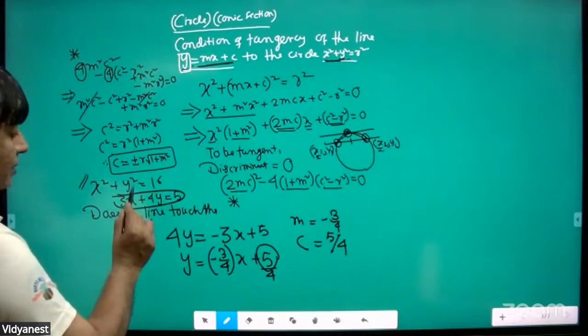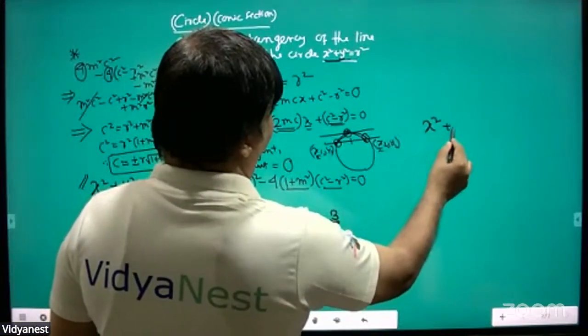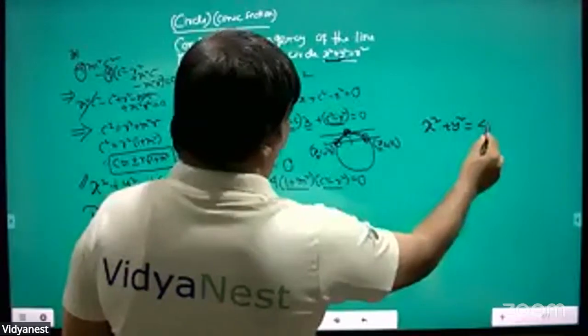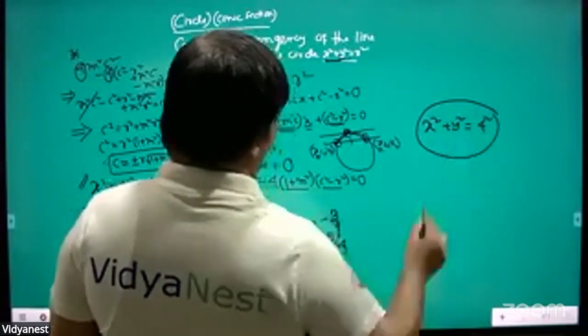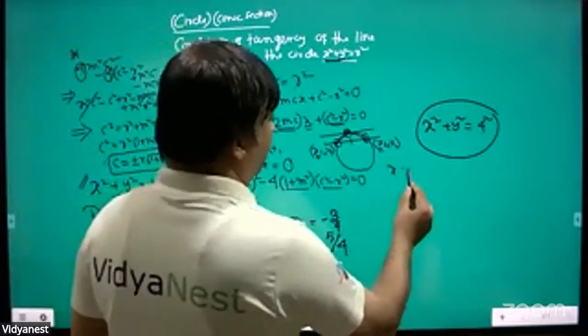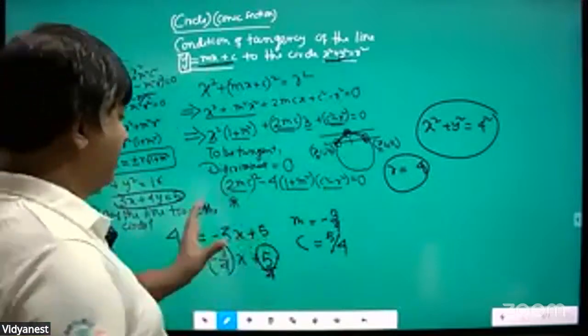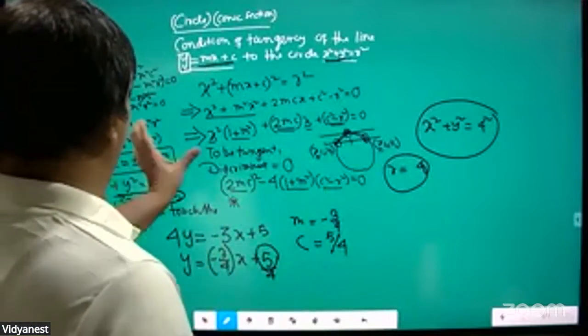What is the radius of the circle? Circle x square plus y square is equal to 4 square. What is the radius of the circle? R is 4.